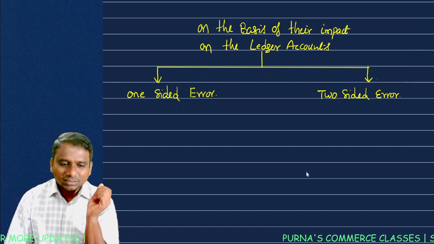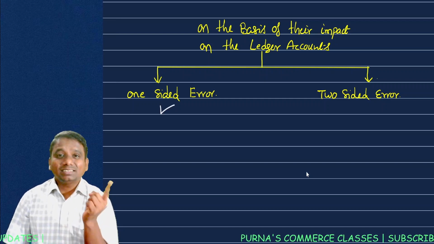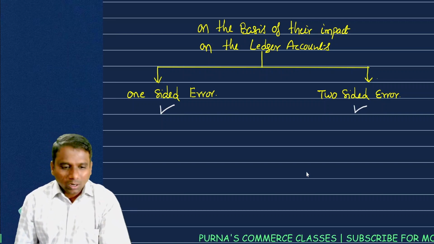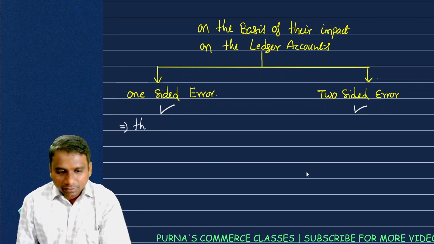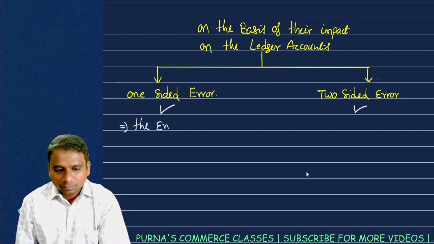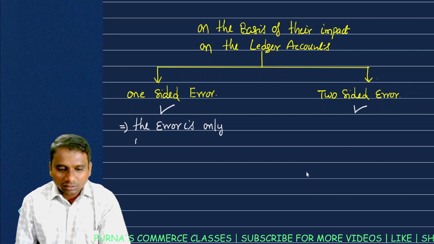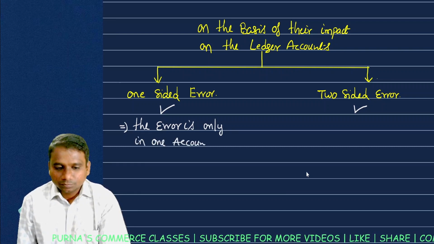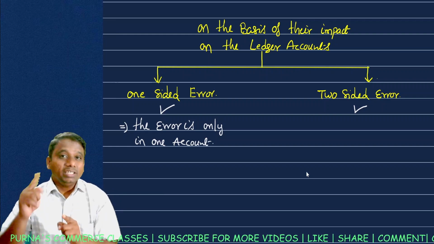We may classify it as one-sided error and two-sided error. What is the meaning of one-sided error? The error is only in one account.